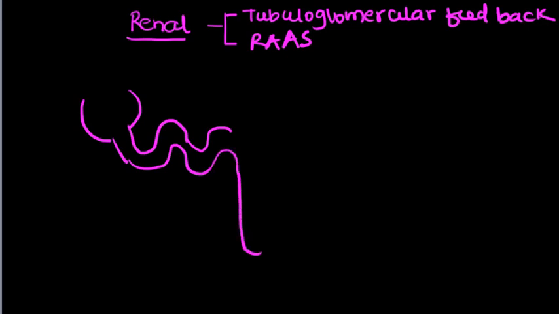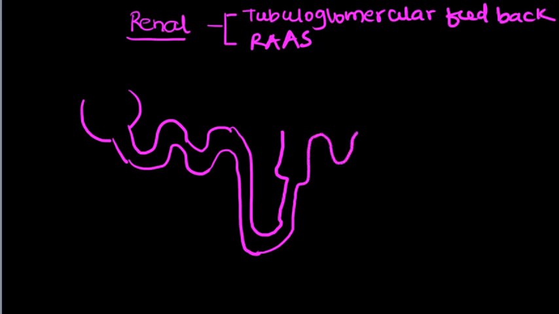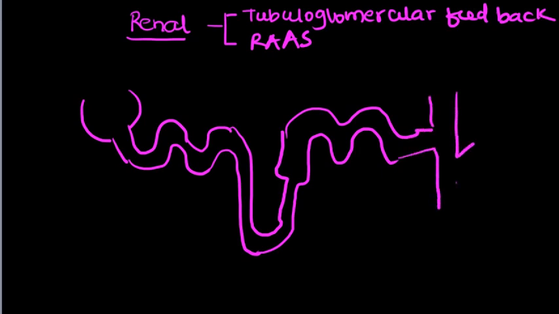Then you have your loop of Henle, the thin ascending loop, the thick ascending loop of Henle, and the descending limb. You have the DCT, and then the cortical and the medullary collecting duct. So these are the parts.